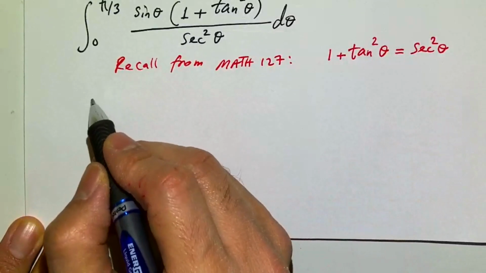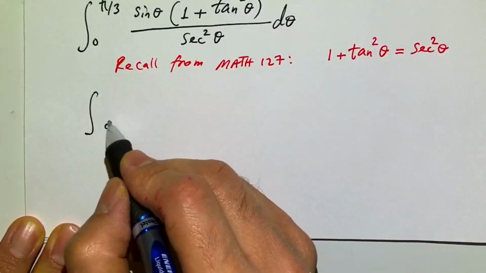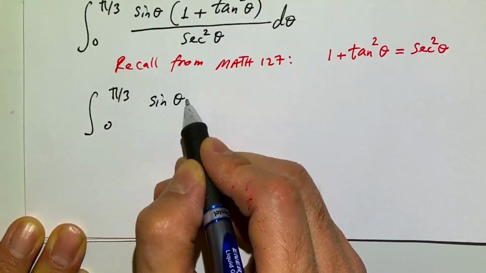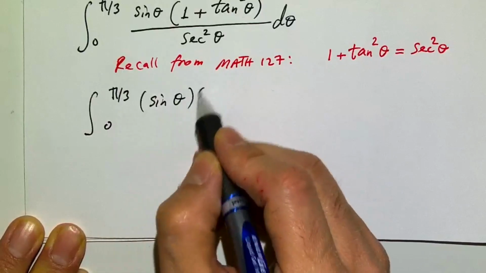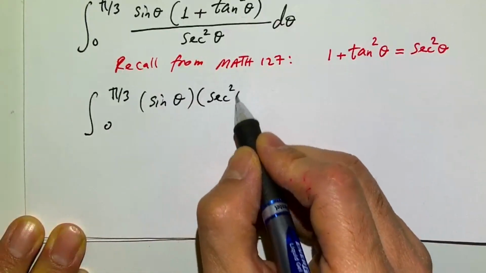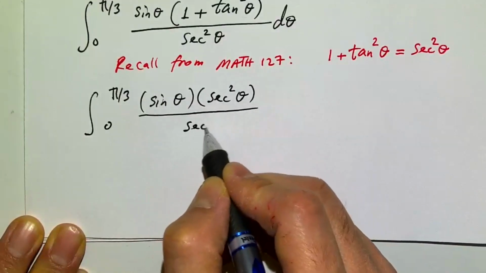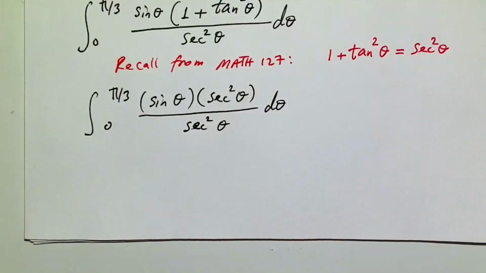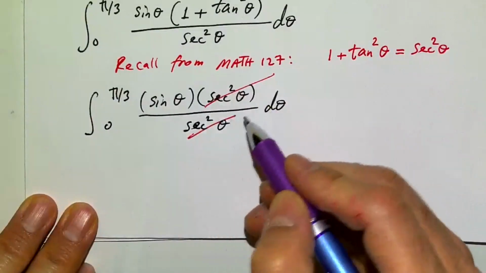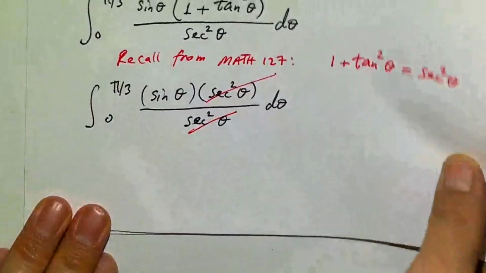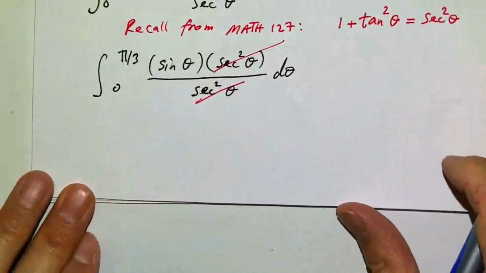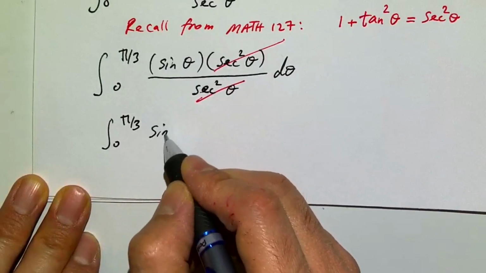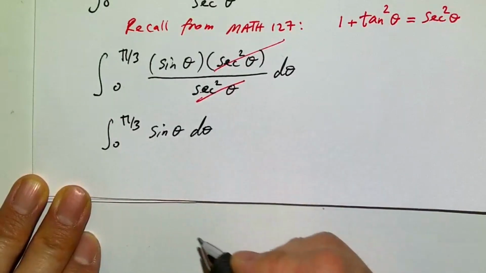Okay, so let's do that. We have the integral from 0 to pi over 3 of sine theta times secant squared theta divided by secant squared theta d theta. Okay, so we know that we can cancel these two, and we end up with a very nice and simple expression to integrate, which is the integral from 0 to pi over 3 of sine of theta d theta.